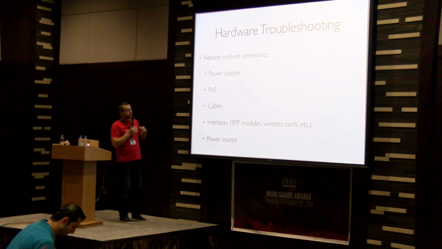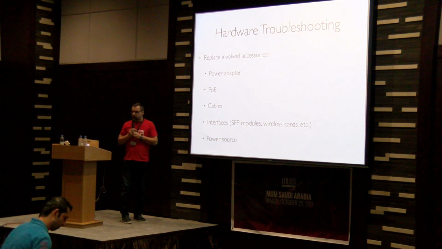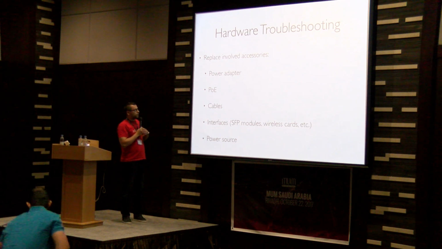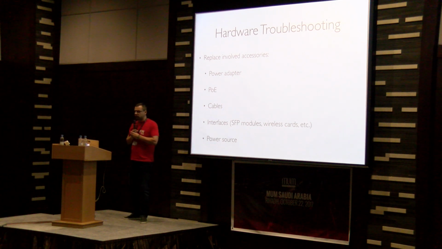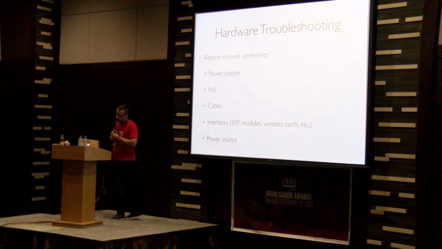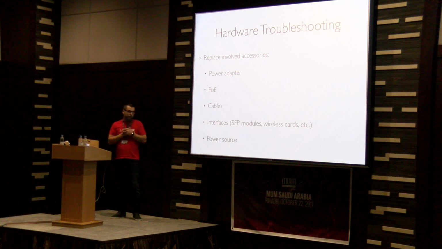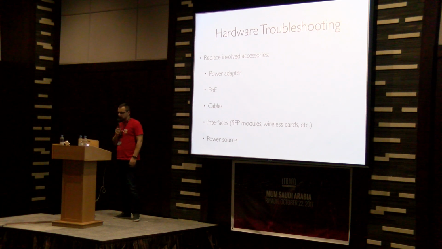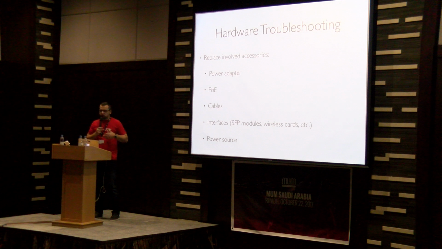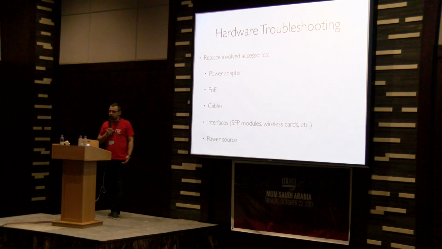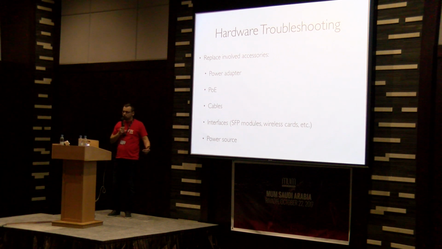Usually, also test the power adapter. Maybe that's the problem. If you use PoE for powering the device, test if the PoE injector works properly. Check Ethernet cables, check grounding for your device. If you have a device with, for example, wireless miniPCI slots or something like that, make sure that the card is properly connected. Maybe choose another card and test. Maybe the problem goes away and the problem is with the wireless card, and so on.